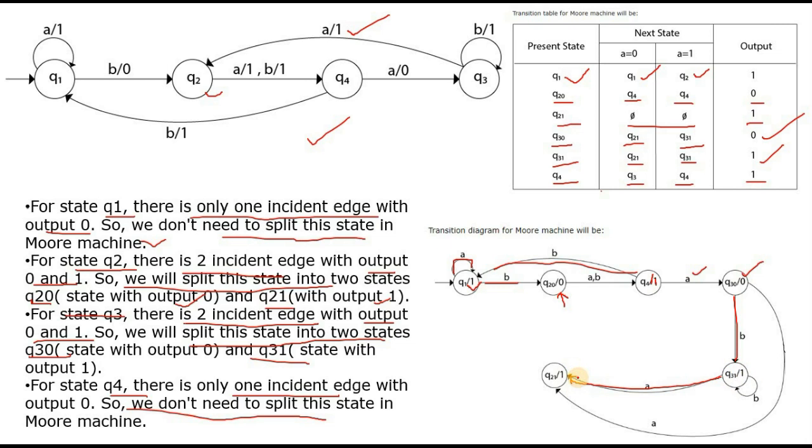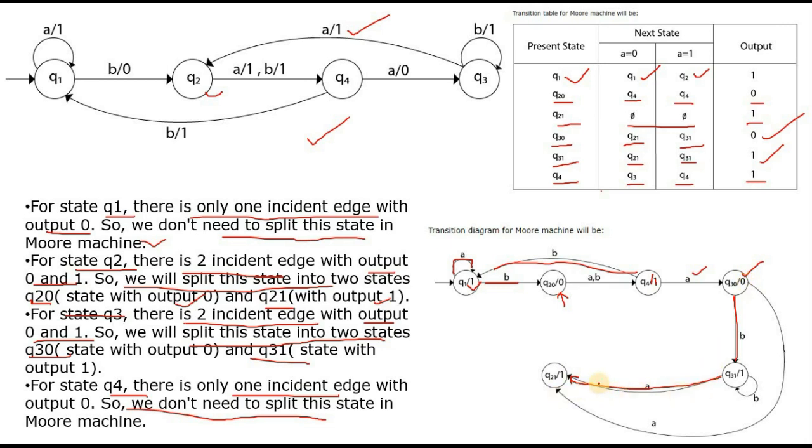Then Q2 1 from Q3 0, and Q3 to 1 is satisfied. Then Q0, these nodes we do not leave like that.